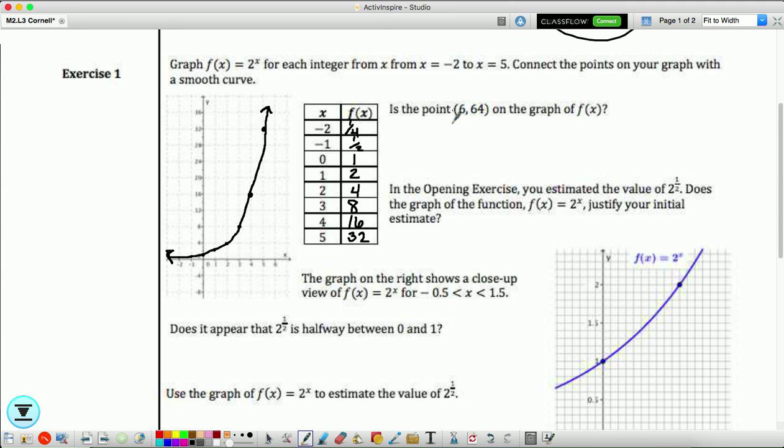So my question to you is, is the point (6, 64) on the graph? If I were to continue this table on to the 6th value, where would that put us? If I continued on with my doubling, 32 doubled would get me 64. So we could say that yes, (6, 64) is on my graph.